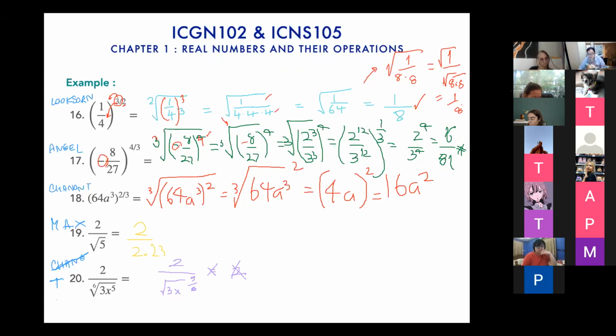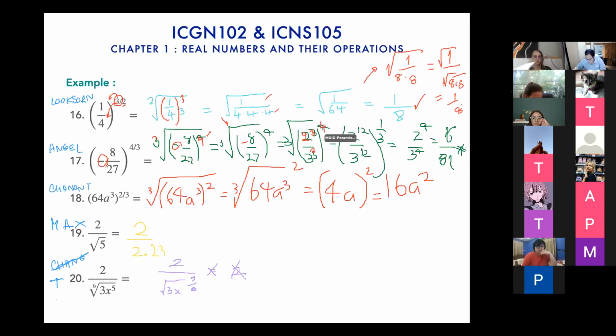If I put it in here, then here we still have the cube root of this. This is 2 to the power of 3. She changed 8 to be 2 to the power of 3, or 2 cube, over 27, which is 3 to the power of 3, or 3 cube. Altogether here it's to the power of 4.